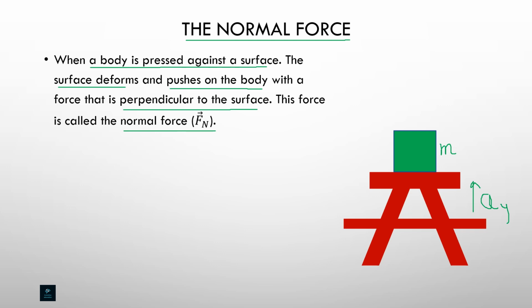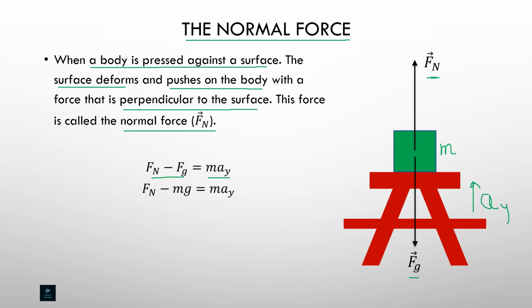So along with this surface, this body is also experiencing the same acceleration ay, and also this body is experiencing a gravitational pull of the earth which is equal to Fg, and the normal force on this body is Fn. So the net force on this body is Fn minus Fg, and this is equal to mass times the acceleration which this body is experiencing.